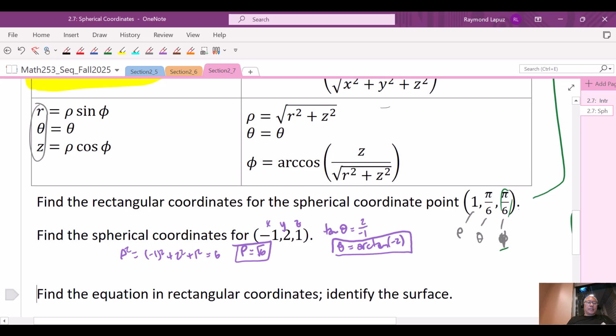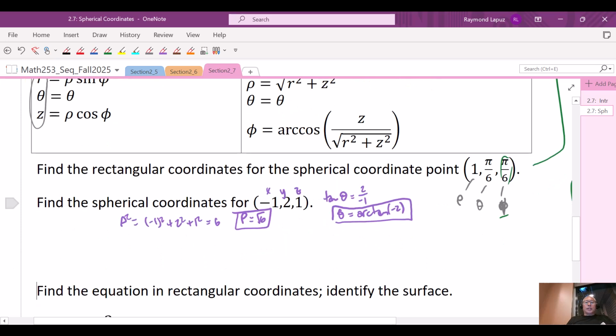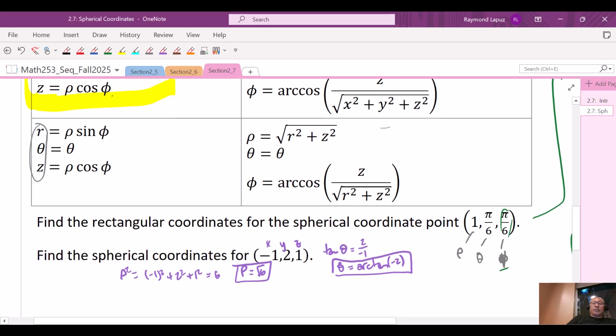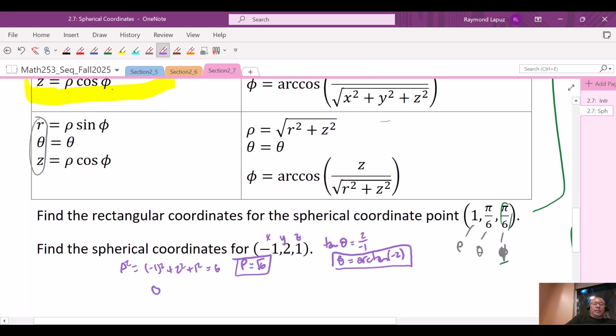And then the last one is to find out phi, and phi is the arc cosine of that. So phi equals arc cosine of z. Z is 1. And then the square root of this, so this is essentially rho. So we got rho to be root 6. I don't think there's a nice formula for that, so I'll leave it like that.